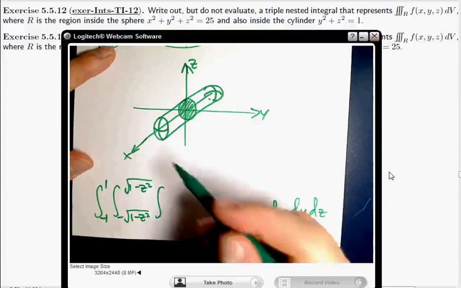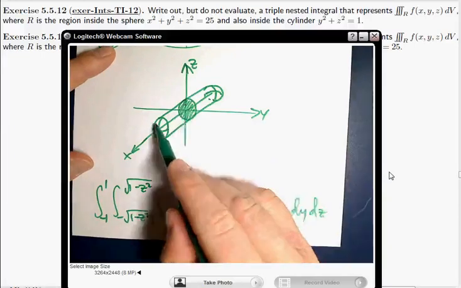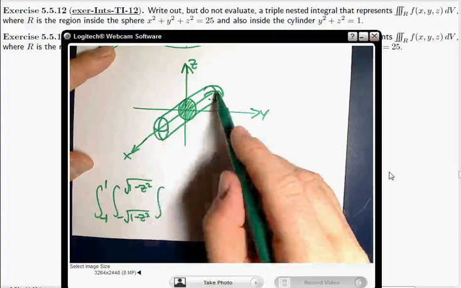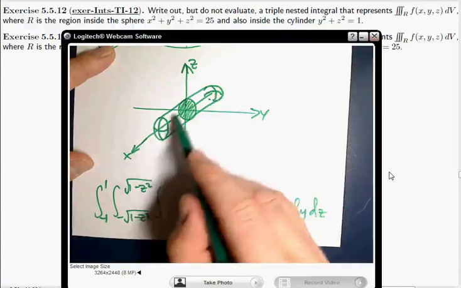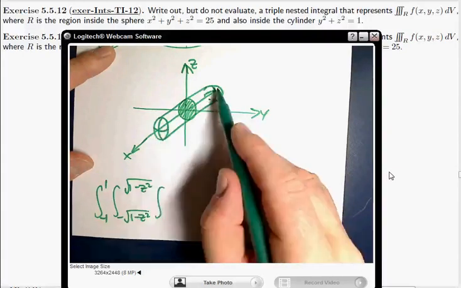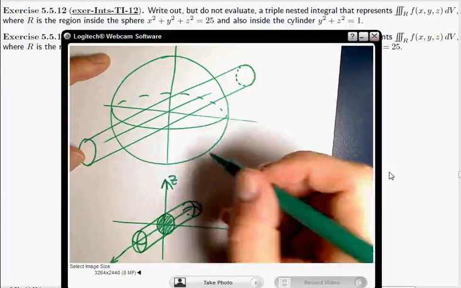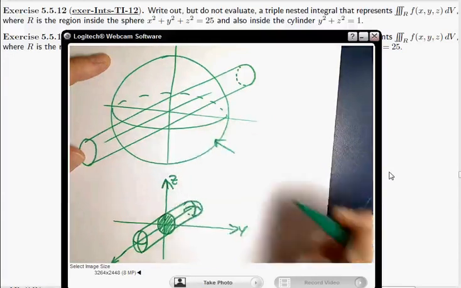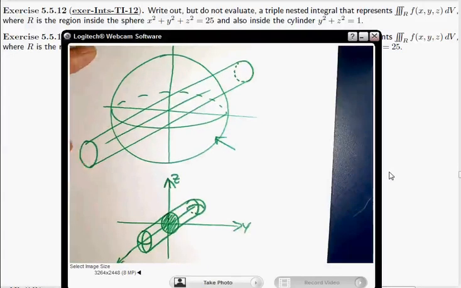So for any given value of y and z, I need to solve for x on these two surfaces. From my picture, I need to deduce where those surfaces come from. Well, look, they came from the sphere. So I really just need to solve for x on the sphere.